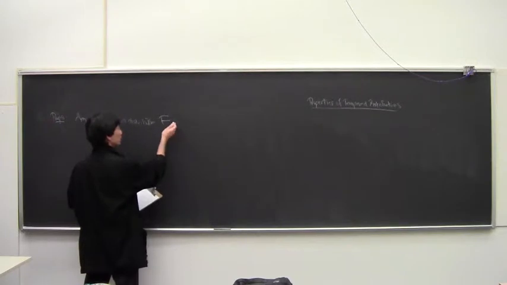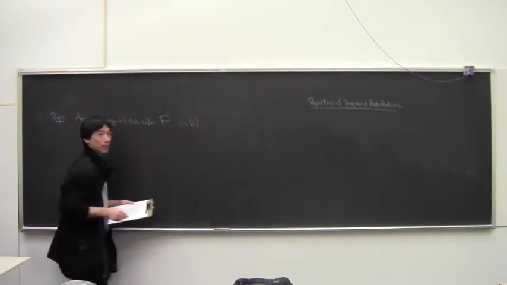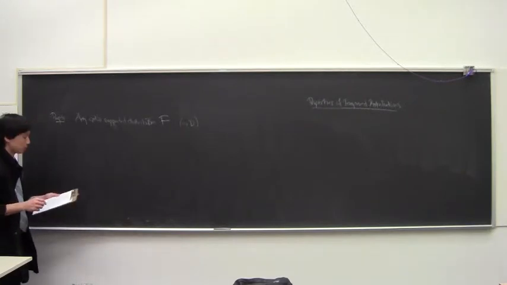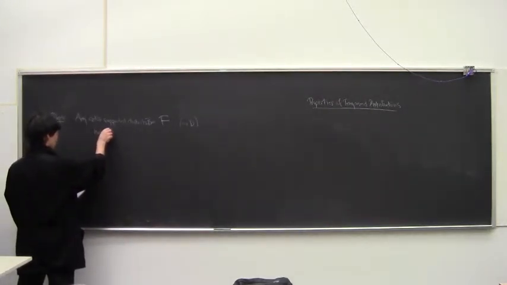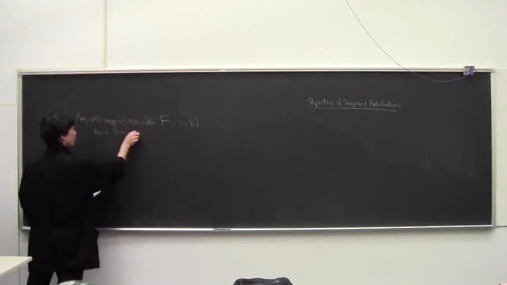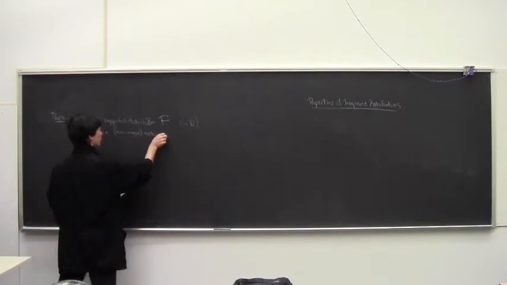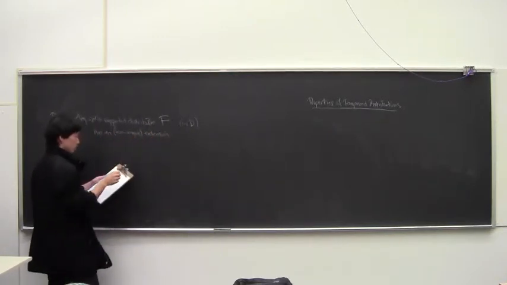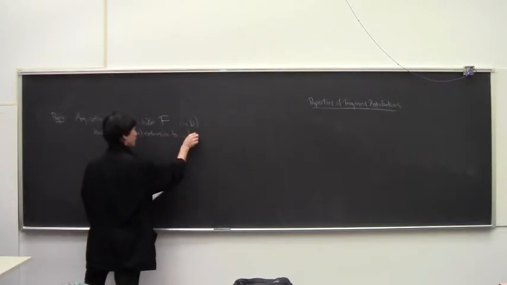So it's a linear functional on the compactly supported smooth functions, has an extension to a tempered distribution.